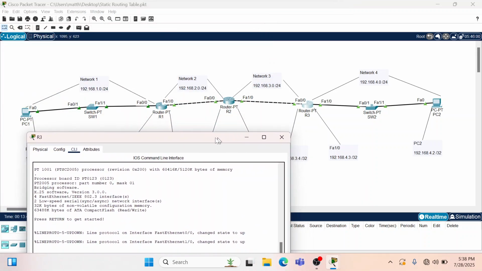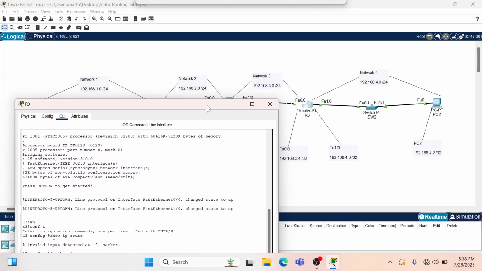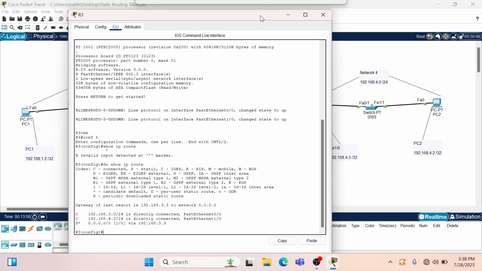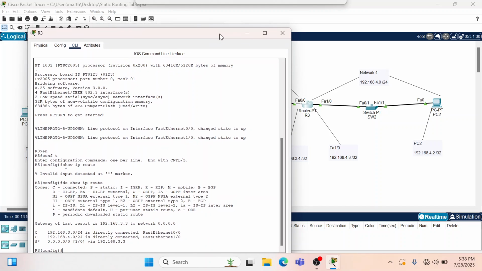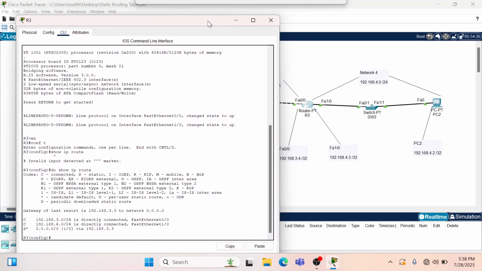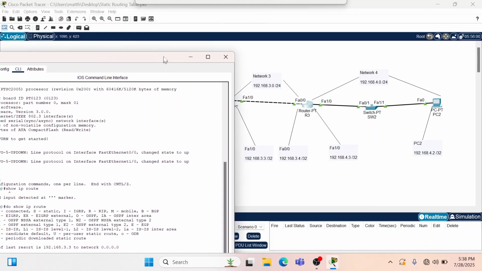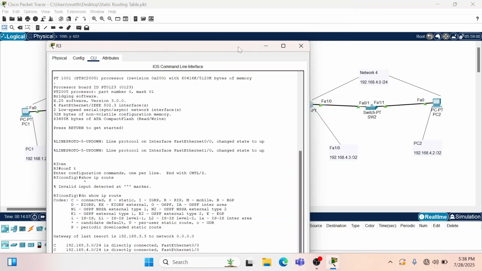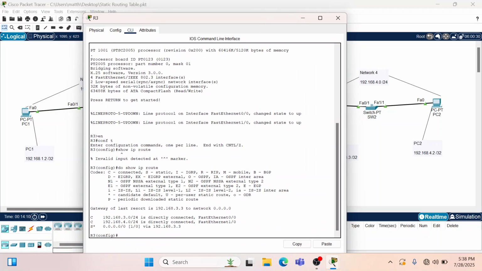Similar to router 1, we only have to configure one static route for router 3, because it's physically connected to FA1/0 already. We have to tell router 3 where to send traffic to go to network 1. So that command is going to be ip route 192.168.1.0, our destination address.